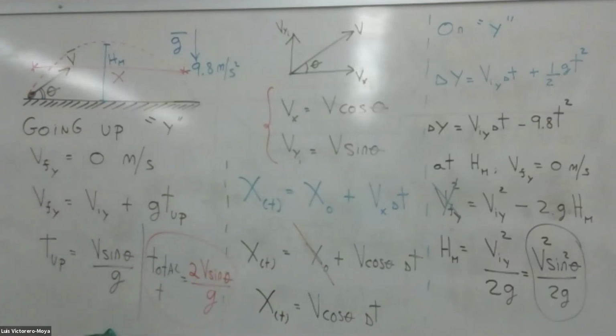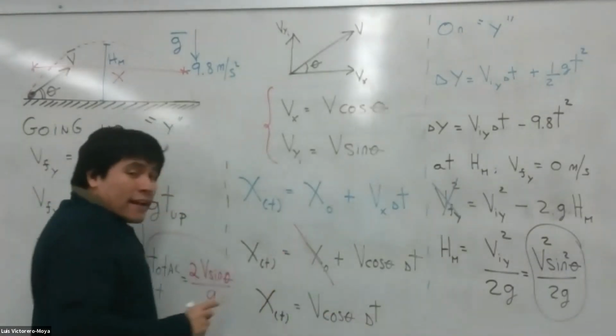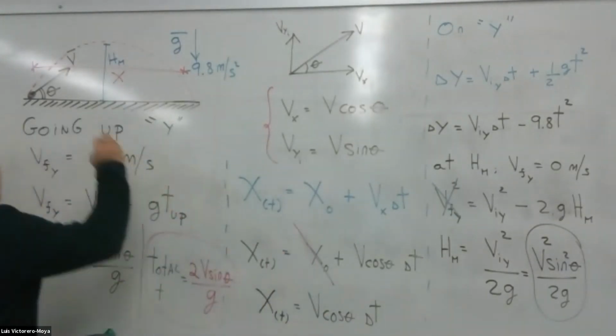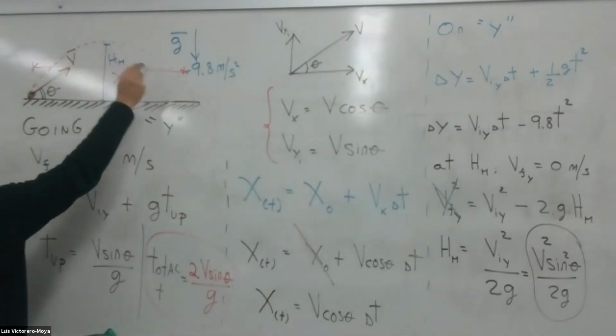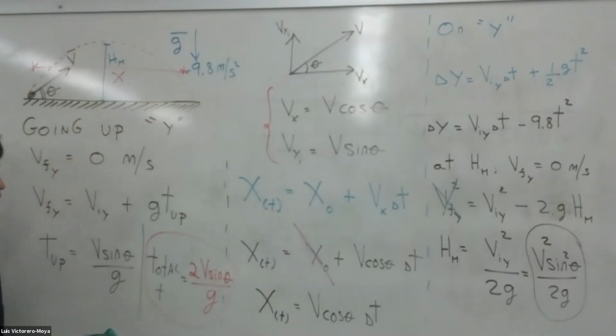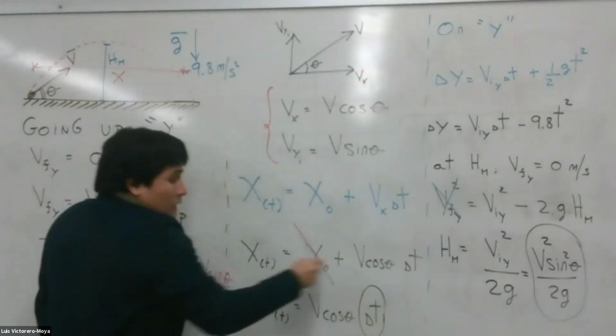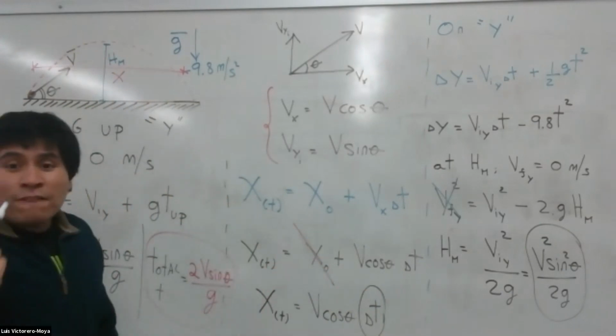What other things can I get? Well, to find the range of the projectile, I need the total time it takes to go from this point to that point. So what is this delta t here? That delta t is the flying time.